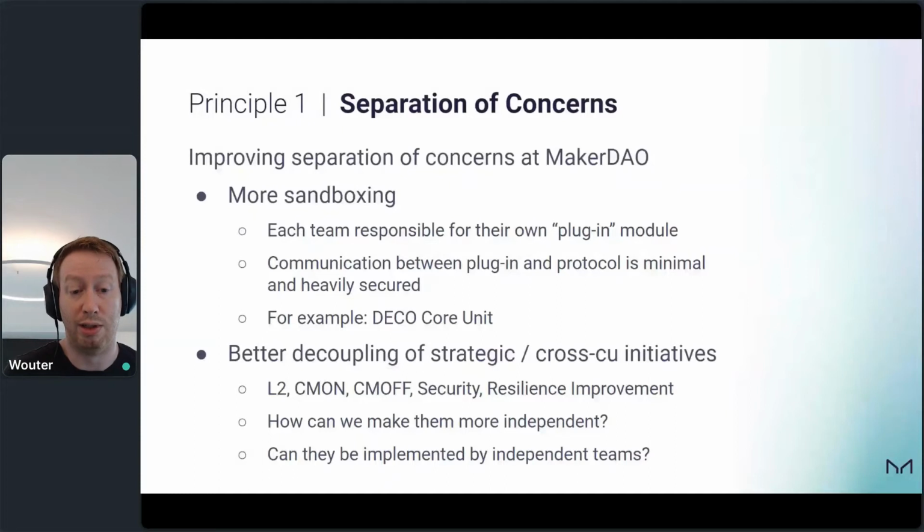So the question there is, when we determine the scope of these cross-core unit initiatives, have we optimized for independence? And once we've made them independent, then we should also use that opportunity to have independent teams work on them. How much communication is needed between, let's say, the collateral management on-chain group and the collateral management off-chain group?